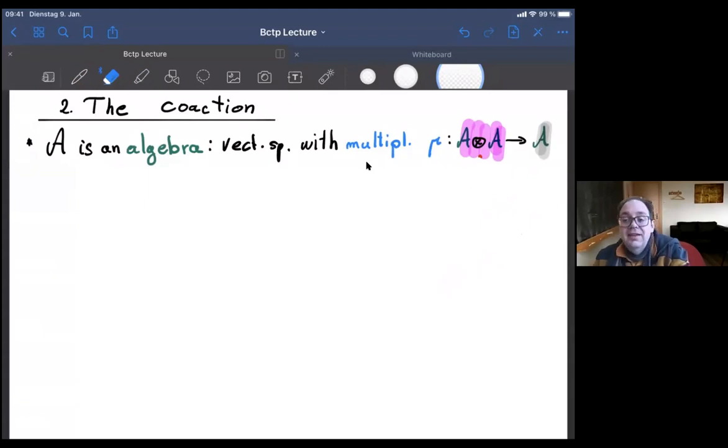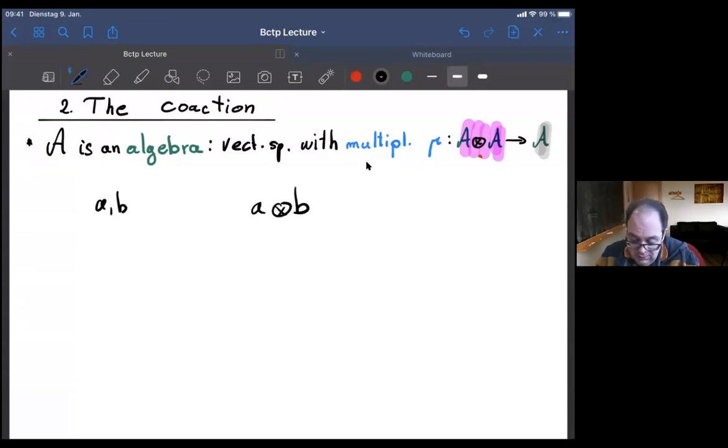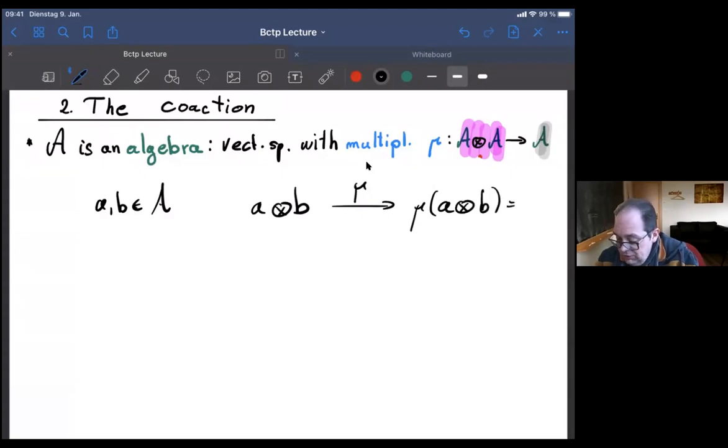So the elements of A tensor A are pairs of elements of A. And my multiplication takes such a pair, which could be A tensor B, where A and B are elements of A, and returns their product, which is A times B. Okay, that's a way to think about multiplication.